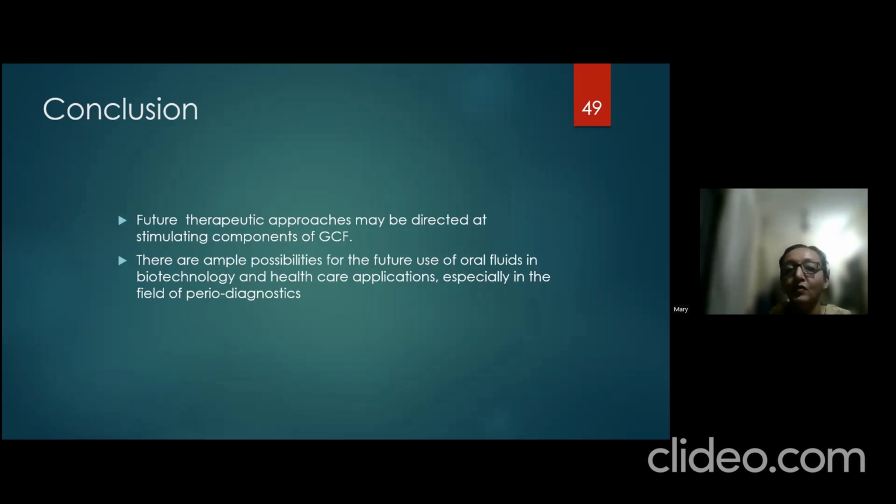Let's hope for more research and newer information about the gingival crevicular fluid, and let's make use of the presently available kits to enable us to get more accurate and better diagnostic approaches for periodontics. So we come to the end of this session.